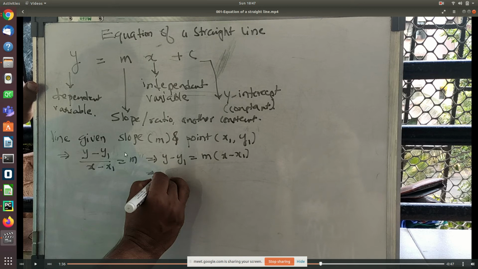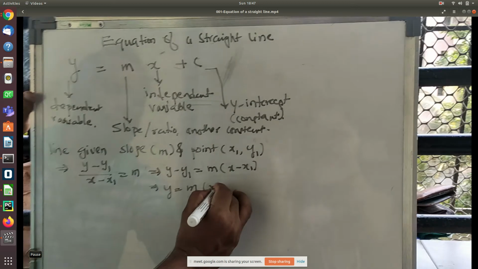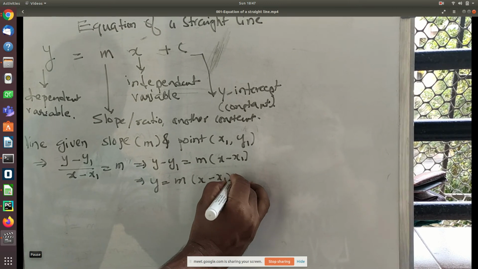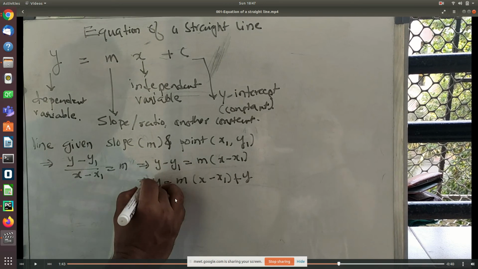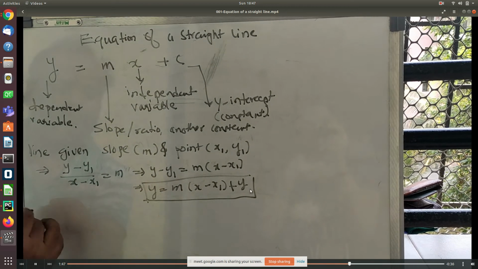This means y minus y1 is equal to m into x minus x1. This means y is equal to m into x minus x1, plus y1. So I have x1, y1, for a given x, and for a given m, I can find y. Sorry guys, again there is a mistake; I should have written y1 here.